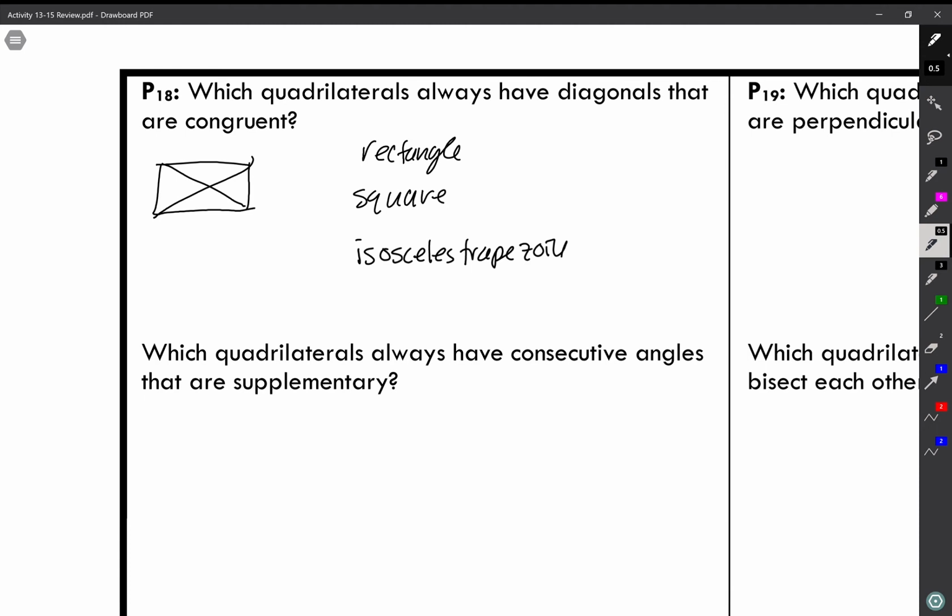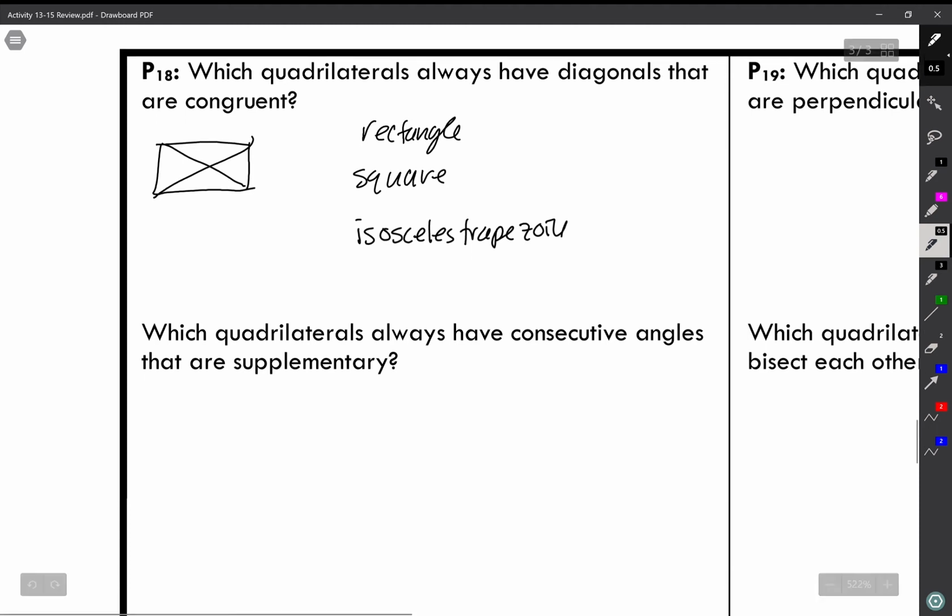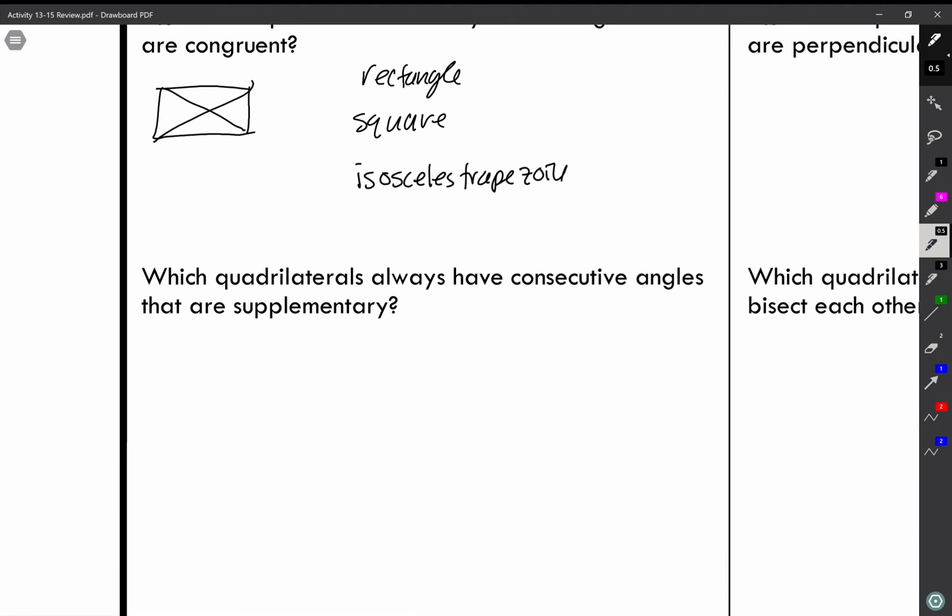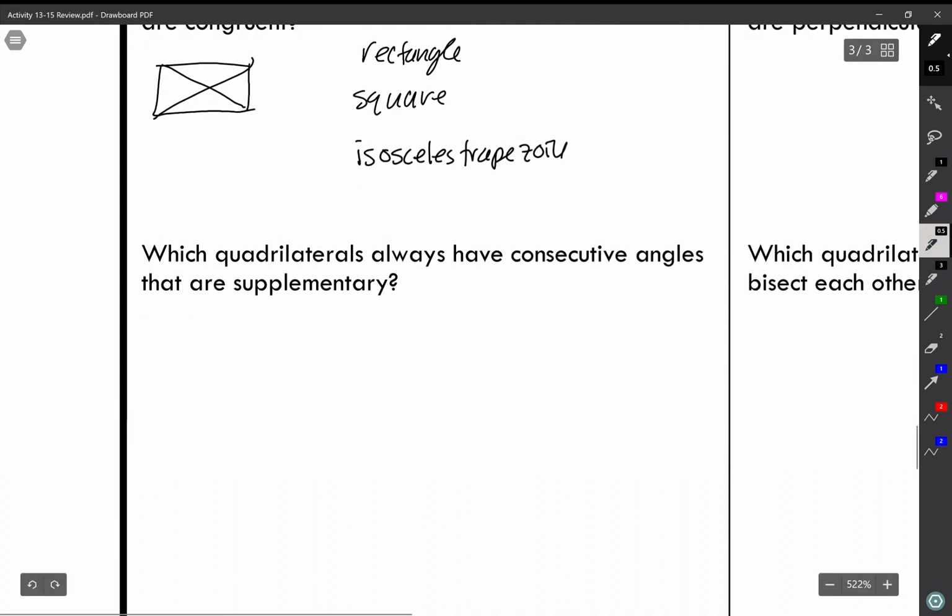All right, which quadrilaterals always have consecutive angles that are supplementary, okay? What I mean by this is that all consecutive angles are supplementary. All of them are supplementary. So let's look at a kite.